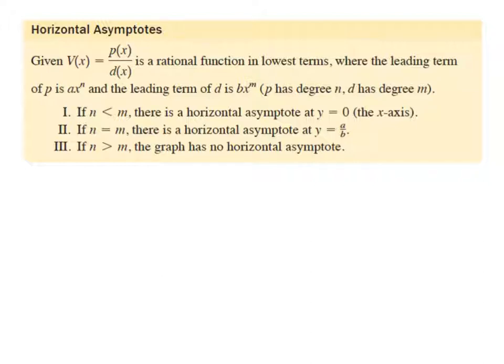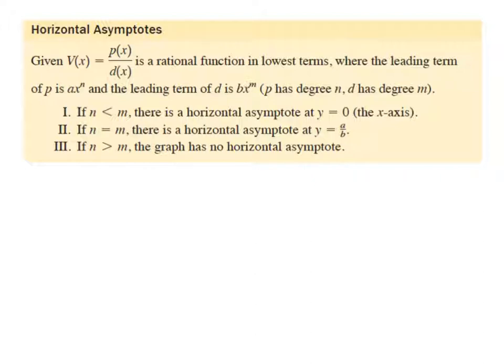Now, as you've gotten it written down, let's just make sure that we understand kind of what it's saying. You'll notice here that the ax to the n is talking about the top of our fraction. And so that's the numerator. And so when we talk about n, that's the exponent on the top.